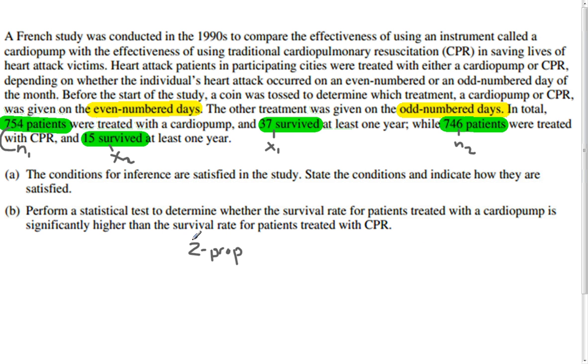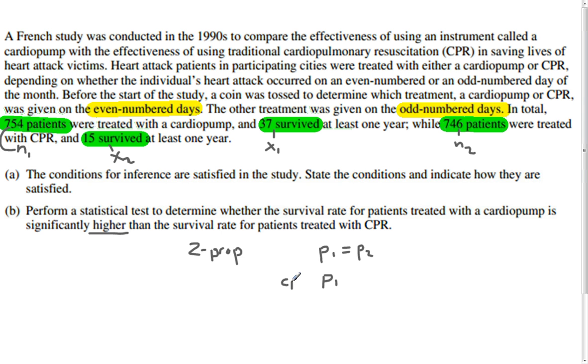It says that it wants to know if the cardio pump results are significantly higher, so that will determine your null and alternative hypotheses. Remember, the null is always going to be that proportion 1 is equal to proportion 2, and the alternative, in this case, proportion 1 represents the cardio pump.